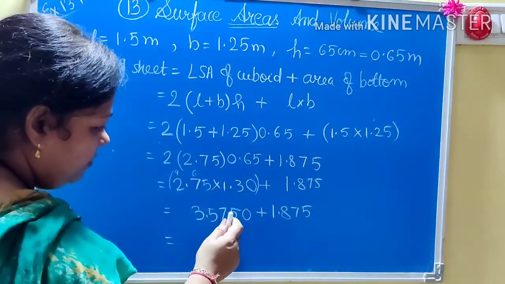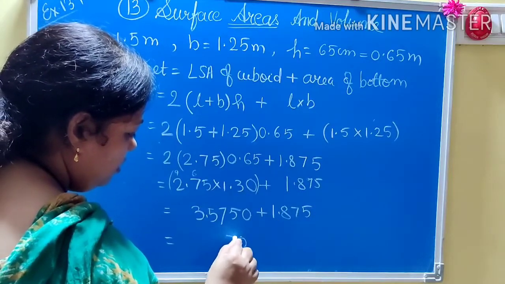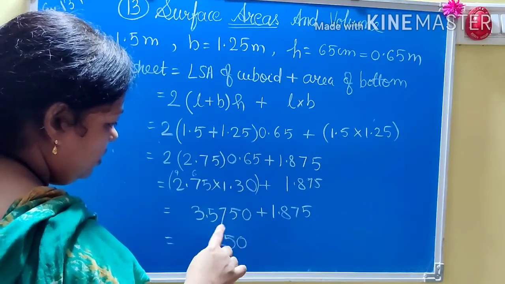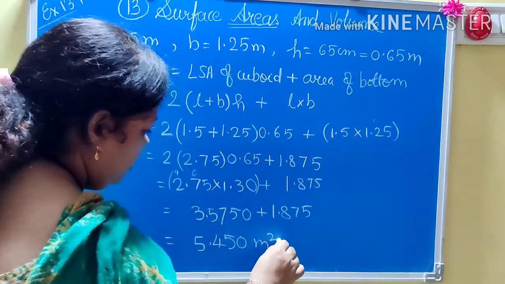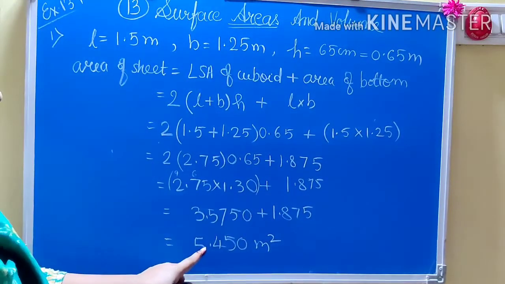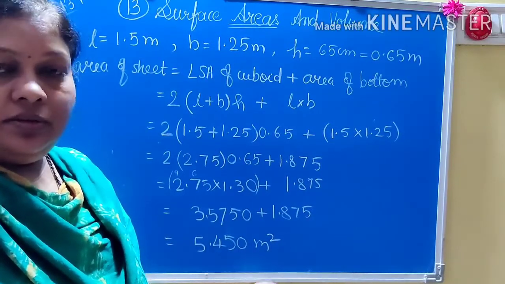Now add this. In that way we get the area of the sheet required as 5.45 meter square.